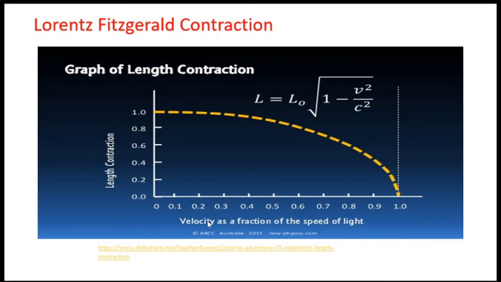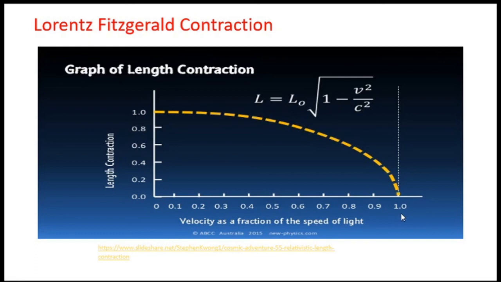So if you plot a graph between the length of an object and the velocity, then as the velocity increases, we see that according to this relation, L is equal to L0 under root of 1 minus v square divided by c square, the length of an object goes on decreasing.